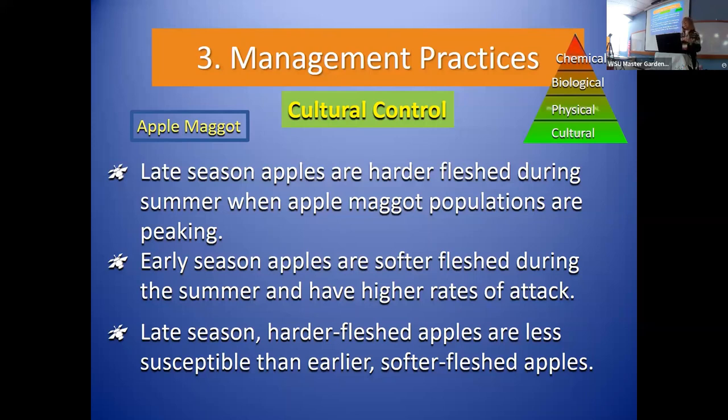So late season apples, they're green and they're harder during the summer months, July and August, when we have all of this apple maggot activity. Because they're harder flesh, they're more difficult for the female to oviposit into that hard flesh.